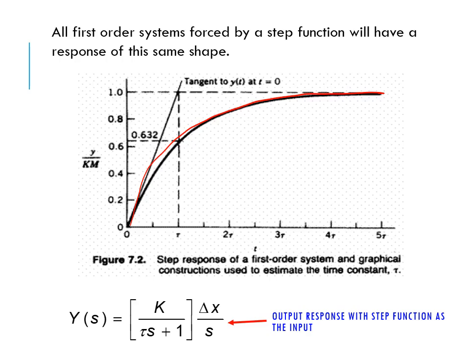So this is how you need to find a value at 0.632, and then draw a horizontal line touching the process response curve and bring it down here, and then you will get the time constant. All first order systems forced by a step function will have a response of this same shape. Alright, so for all first order systems, the shape will be this kind of shape.